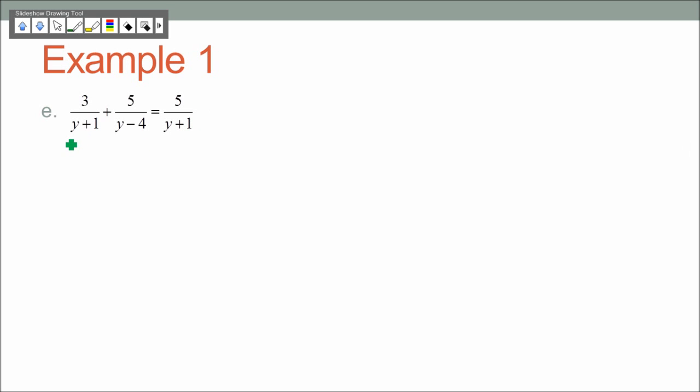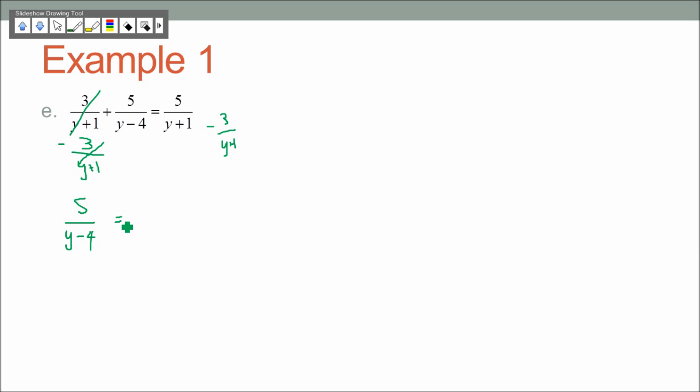So what we're going to do is subtract 3 over y plus 1 from this side and subtract 3 over y plus 1 from this side to simplify our equation. By subtracting it, we remove it from the left-hand side, and we're left with 5 over y minus 4.